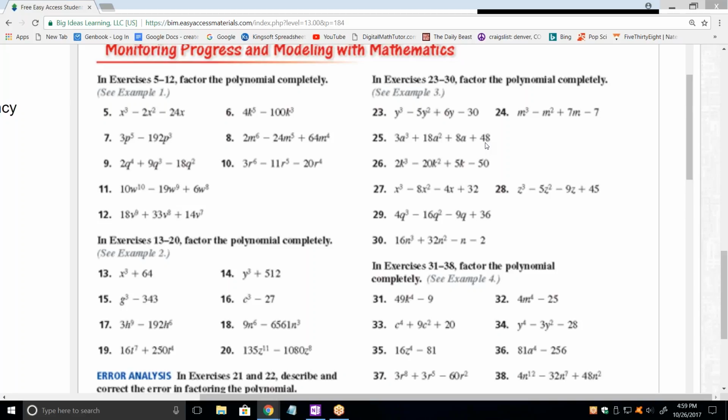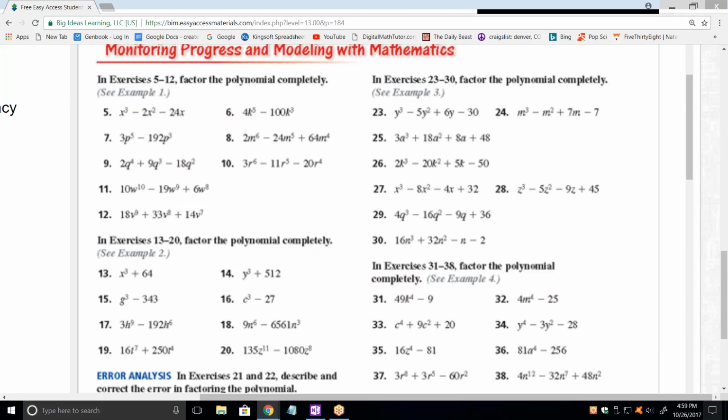It's not difference of squares, it's not difference of cubes, it's not sum of cubes. It never is unless it fits the definition. All of these, that's the sum of cubes. X cubed plus 64 is the sum of two perfect cubes.